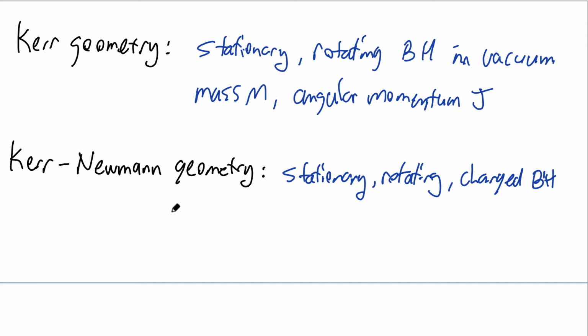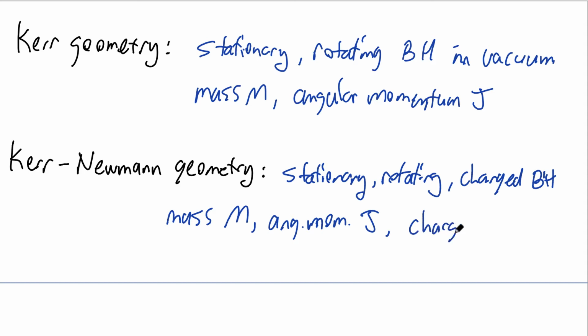So this black hole is parameterized by mass, m, angular momentum, j, and electric charge, q. So this is a three-parameter family of black hole solutions. That is, solutions of the Einstein equations with the stress-energy momentum tensor given by the electromagnetic field.